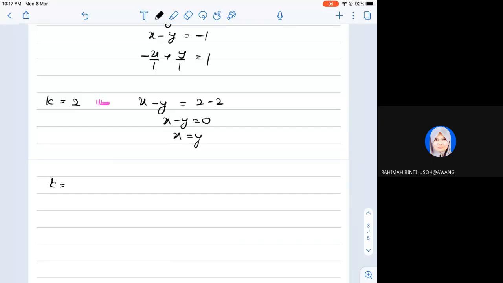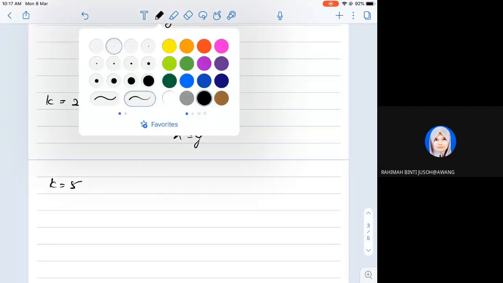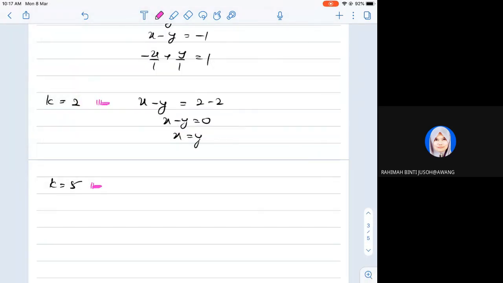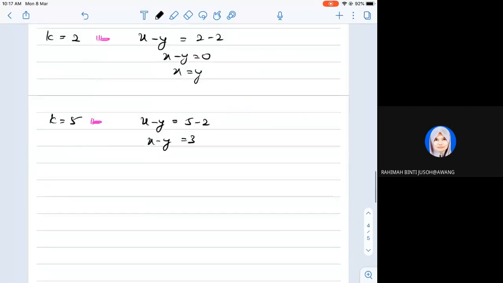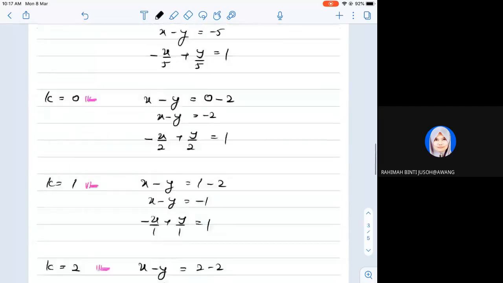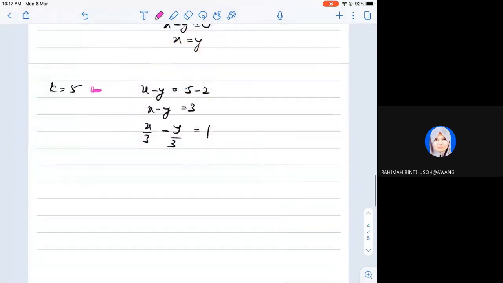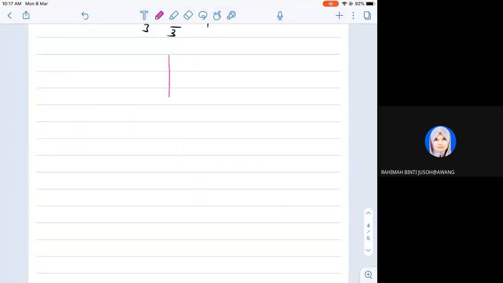The last one, k equals to 5. So we will have x minus y equals to 5 minus 2. So x minus y equals to 3. So x over 3 minus y over 3 equals to 1. Okay, so jom kita lukis lah. Let's start sketch the contour plot for this equation.